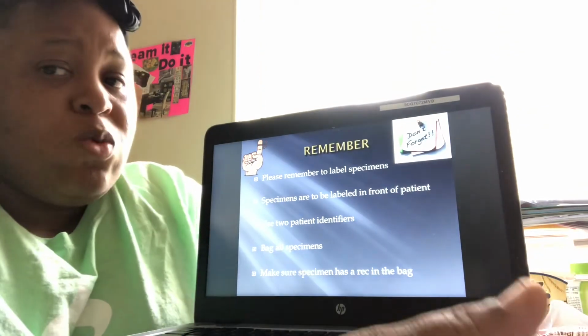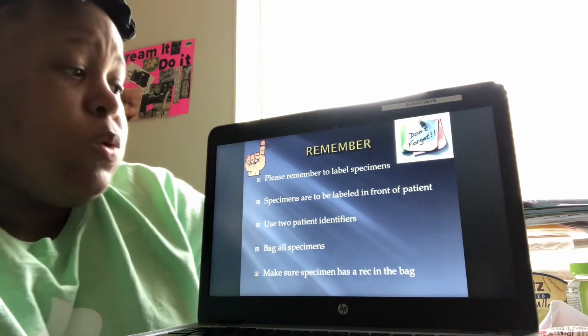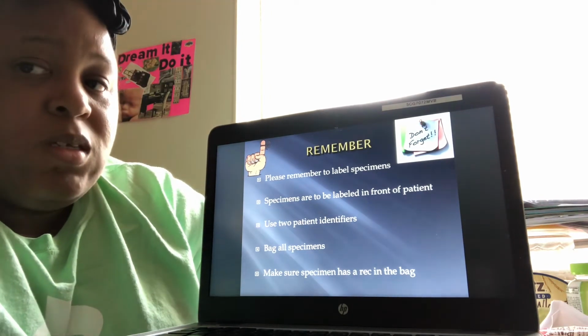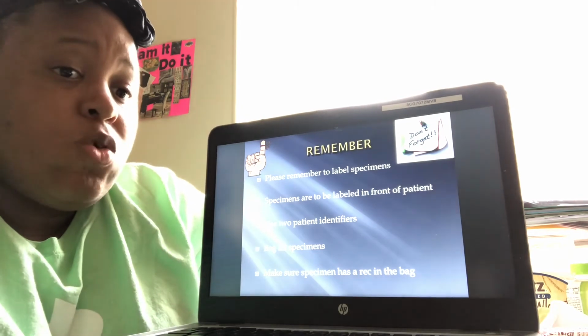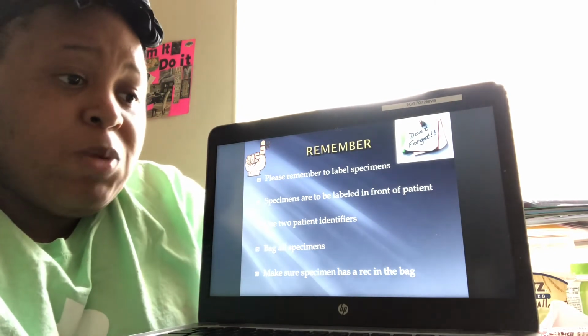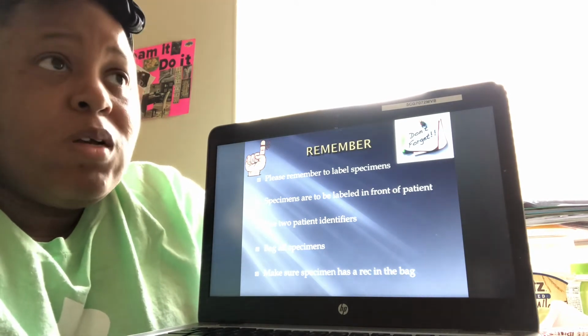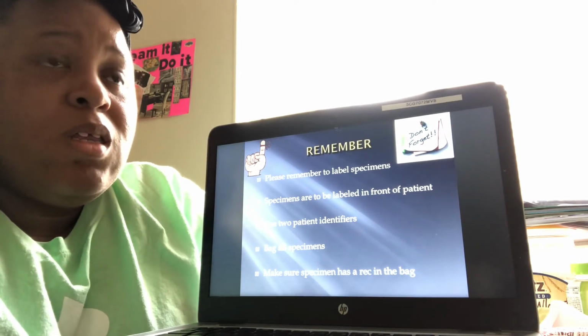And I also put some things on this last slide to remember. I'm always all about labeling specimens, especially at our facilities. Sometimes things are hectic and short, but one thing I'm about is labeling specimens because I also used to work in a lab, and there's nothing like someone mixing up blood samples, sputum samples, anything coming down.